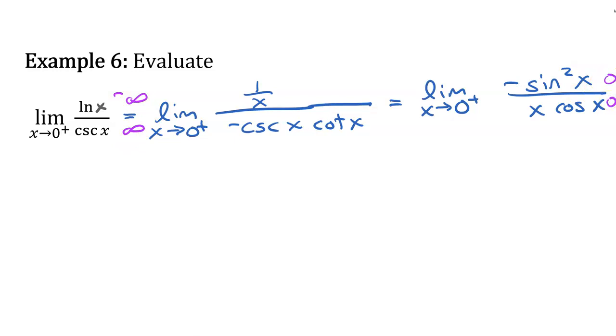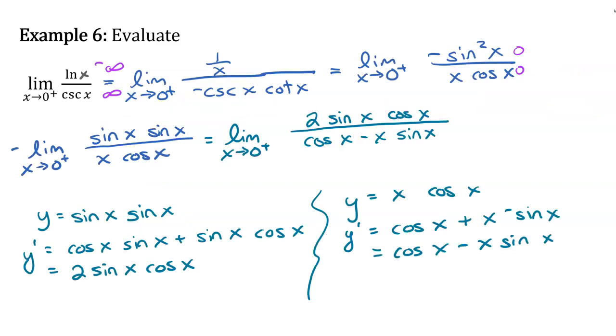Well, that still doesn't work, so we have to apply L'Hopital again. Fortunately for us, even if we're going from infinities to zeros, the process is the same. Find the derivative of the top and the bottom. So the derivative of sine squared, if we finagle that, I needed to move things around a bit to make it work.